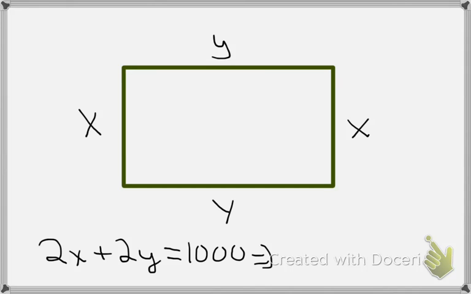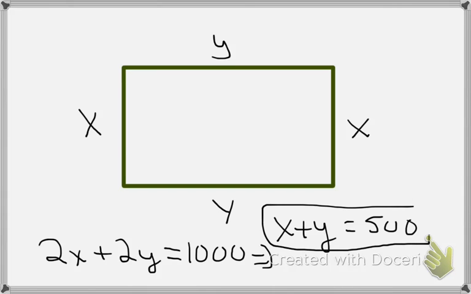Or x plus y is equal to 500. We get that by dividing by 2. So we have a relationship now between the width x and the length y. So we know that x plus y is equal to 500.